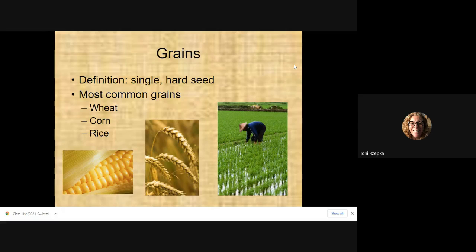And then rice is the most common in many parts of the world, including the Orient and India.